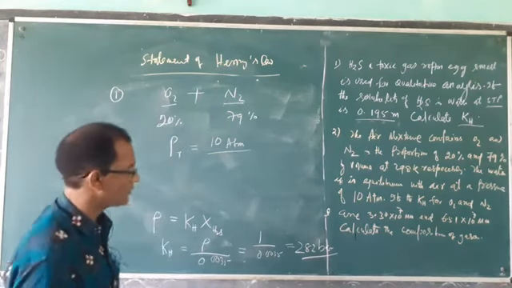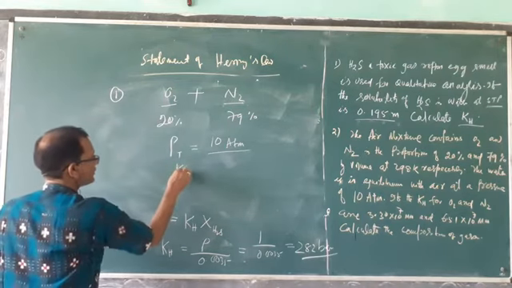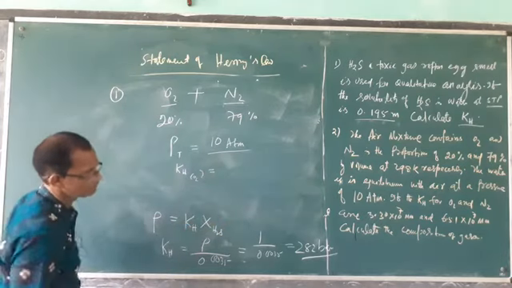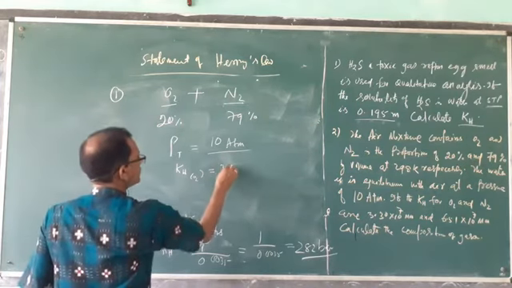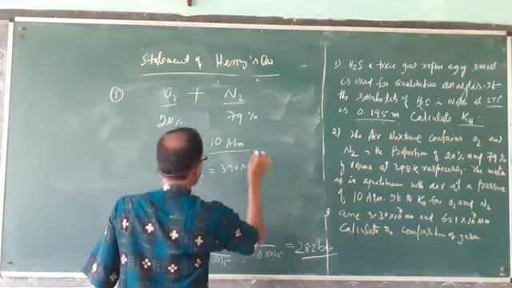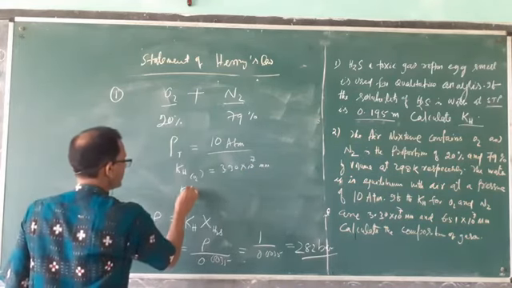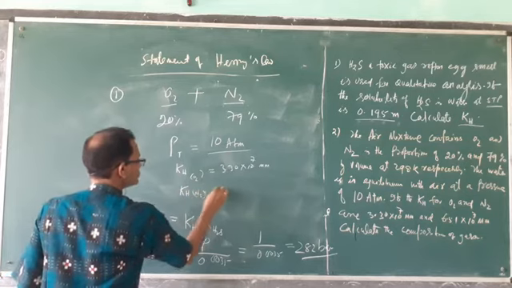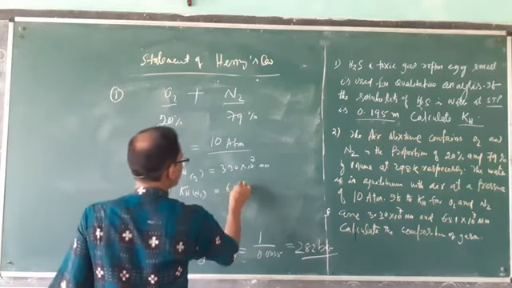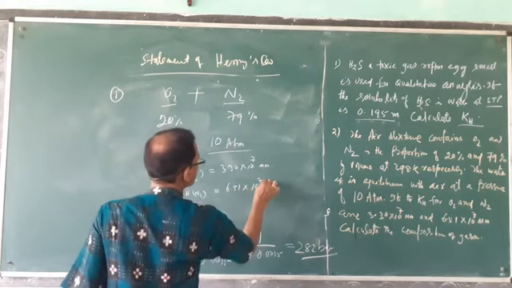If KH for oxygen is 3.30 into 10 to the power 7 mm, then KH of nitrogen given in the question is 6.51 into 10 to the power 7 mm.